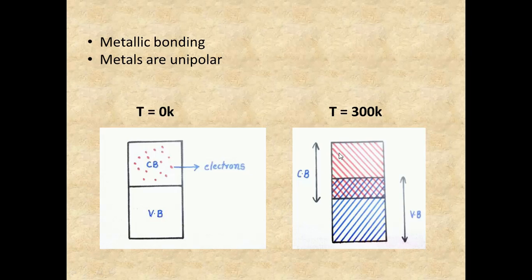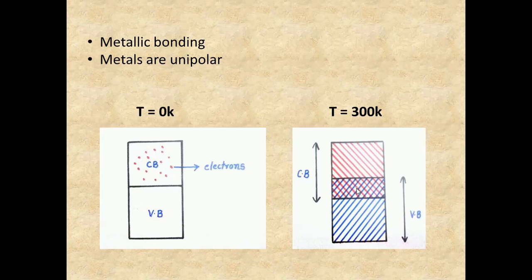And now what happens at 300 Kelvin? When you start increasing the temperature gradually, overlapping takes place, and the overlapping increases with the increase in temperature. When you reach 300 Kelvin, you can see here that red is the indicator for the conduction band and blue is for the valence band, and an overlapping is occurring here.